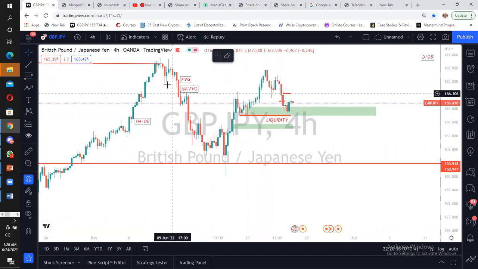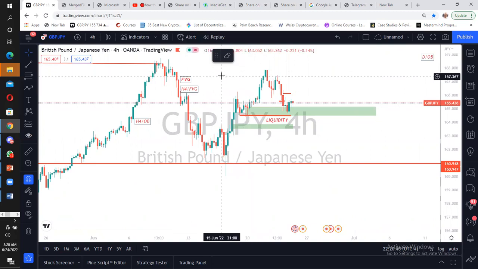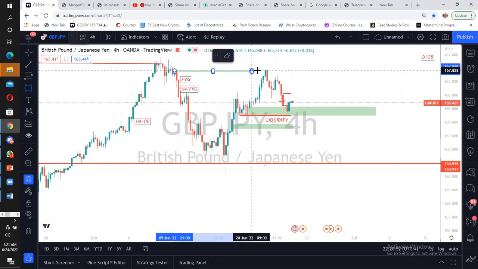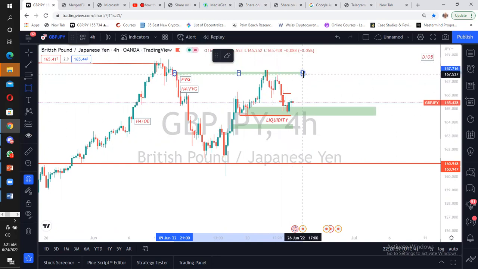We'll have a break of this structure down, back to this level, then up. It has broken structure here. It has broken this structure. It got mitigated by this particular other block here and flushed a little above it.